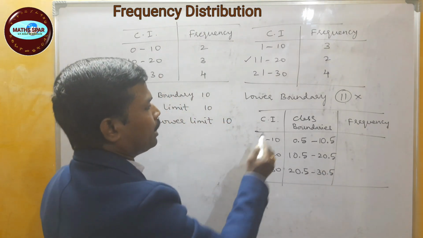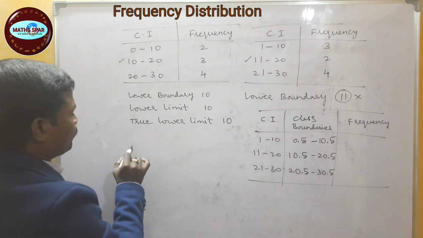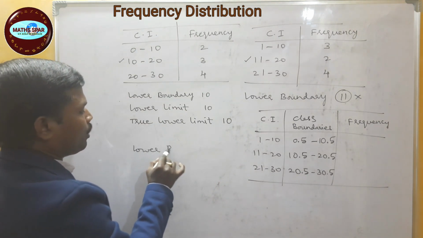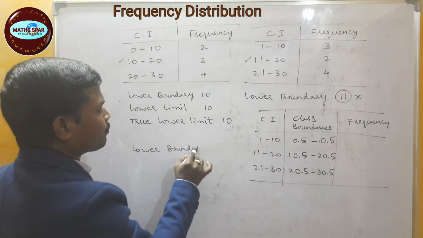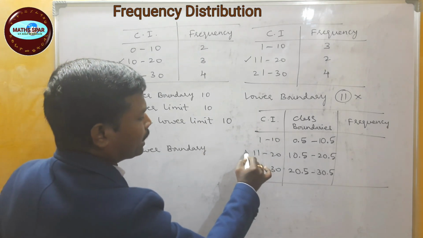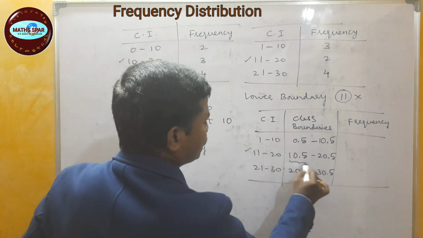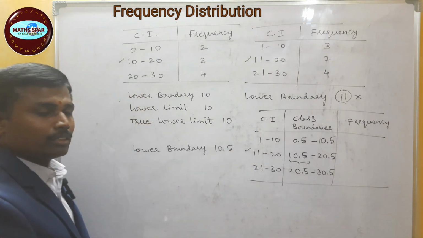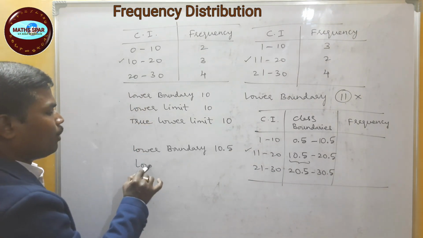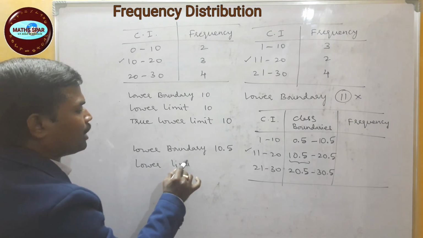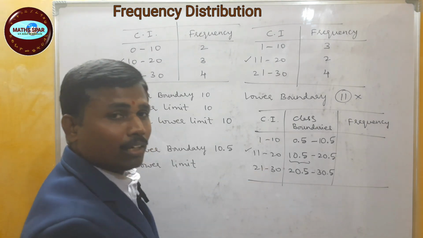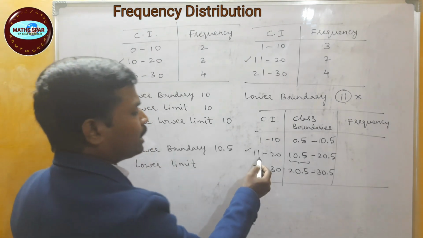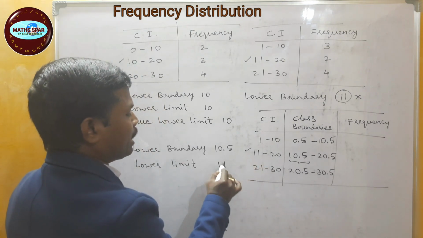Now the lower boundary of the second class interval is 10.5. Then what is the lower limit of the second class interval? The lower limit can be written directly, that is 11.